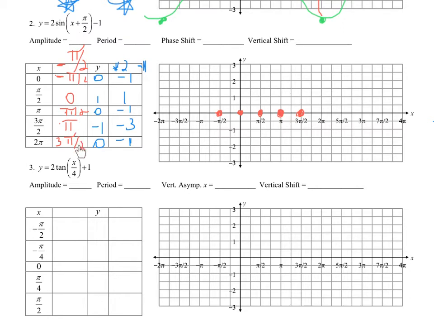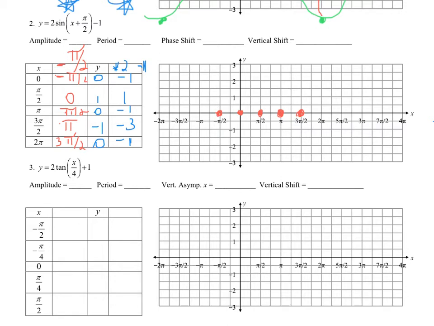So that's what I did here. I subtracted pi over 2 from each one of my angles, and I got these values for my new angles. Then I put them on my horizontal axis, and as you can see, this shows how the graph is being shifted to the left pi over 2.